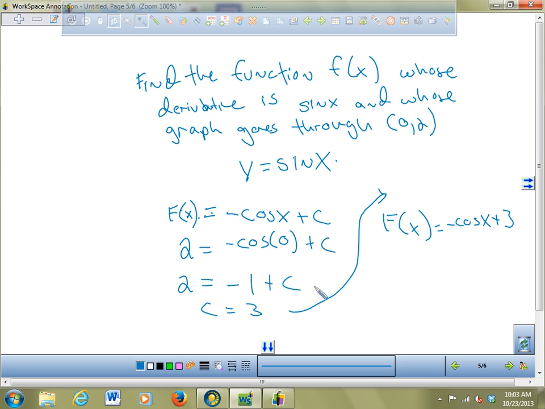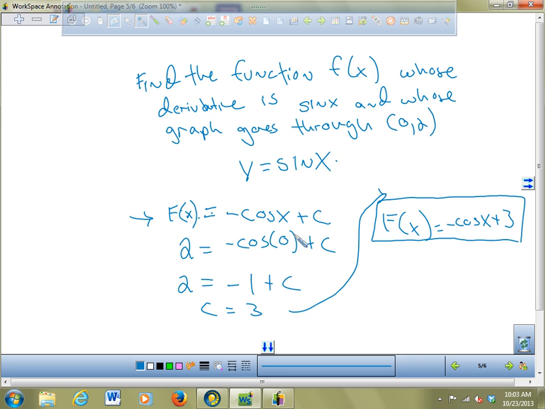Okay, so that is the specific function that goes through this point and whose derivative is sine of x. So that's its antiderivative. In general, to find an antiderivative, you always have to add a plus c at the end, because you don't know exactly what that derivative is, because it goes away when you take the derivative.